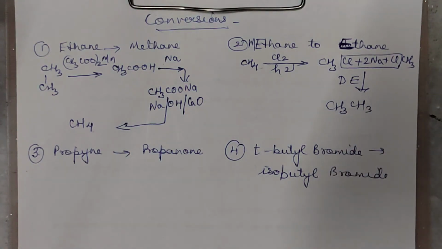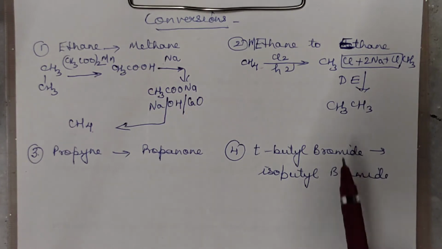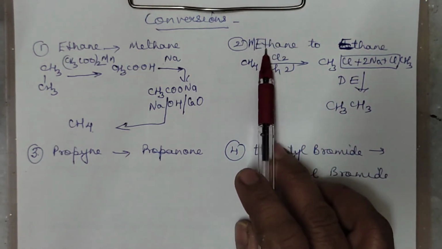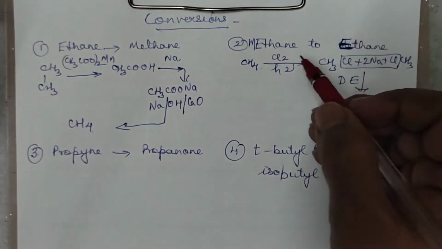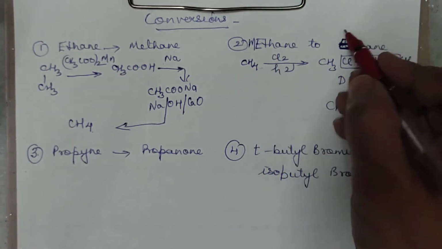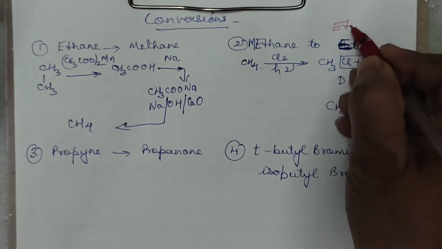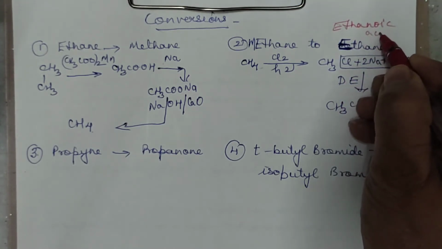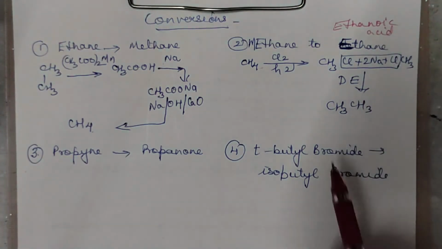Right? Now, at times in the same question you are asked like that. How will you convert methane to ethanoic acid? Suppose you are asked to convert methane to ethanoic acid. Instead of asking ethane, suppose ethanoic acid is asked.